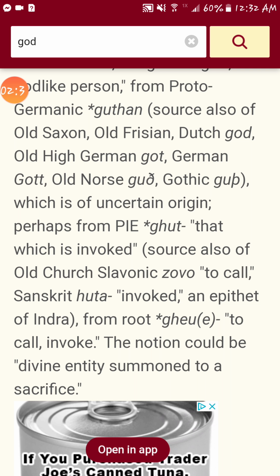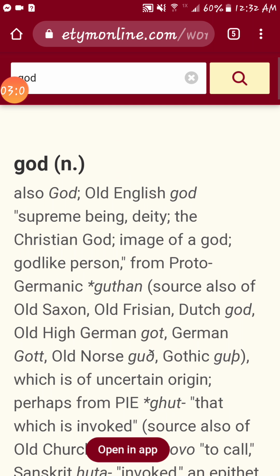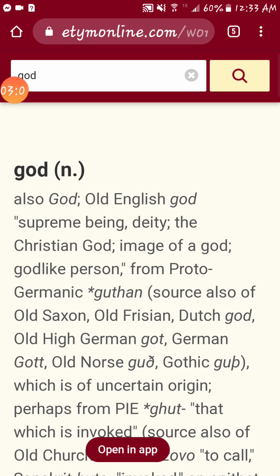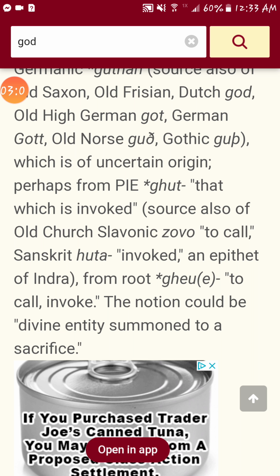Source also from Old Church Slavonic zovo, which means to call. Sanskrit huta, invoked, an epithet of Indra, from root gheu, to call, invoke. That's why I was telling you it is a verb transitive. The word God originally meant, because remember, we're going from what we know it is all the way down to its original meaning, to call, invoke.